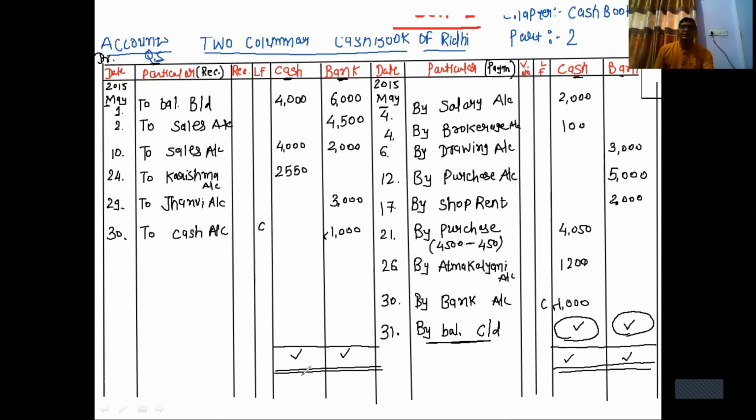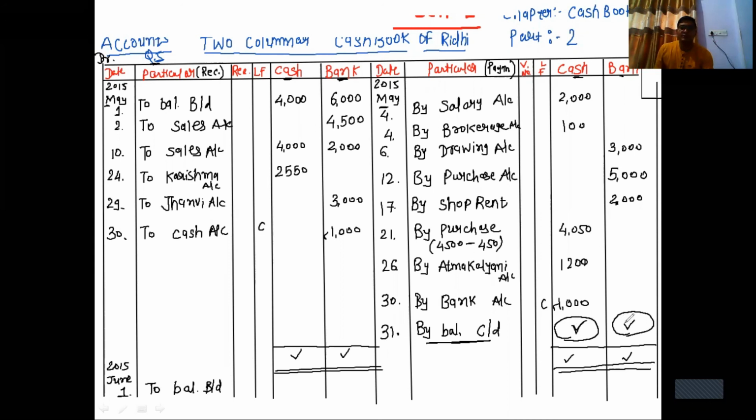Now as it is a closing balance for the month of May, it becomes the opening balance for the month of June. So after closing this account, we have to write 2015, June 1, to balance brought down.